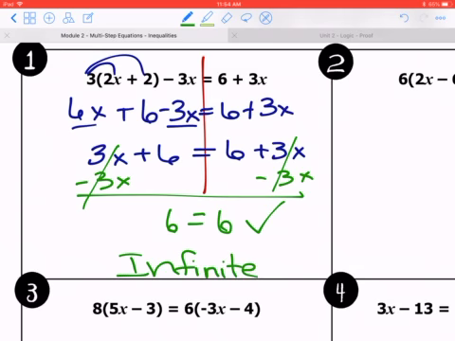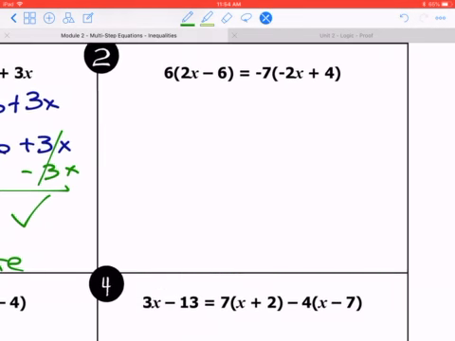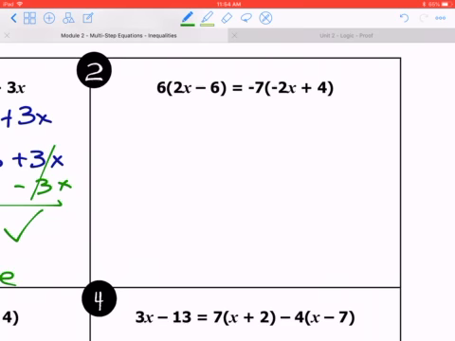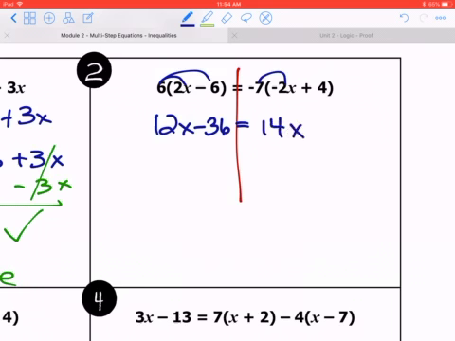Let's look at number 2. We're going to do distributive property. 6 times 2x is 12x. 6 times 6 is going to be the minus 36. Distributive on this side, a negative and a negative make a positive 14x.